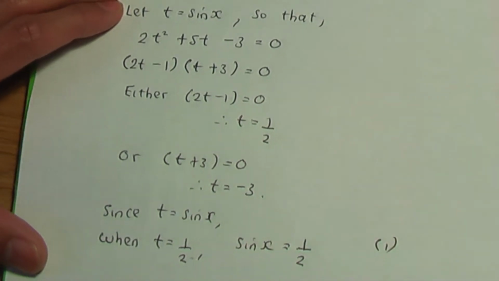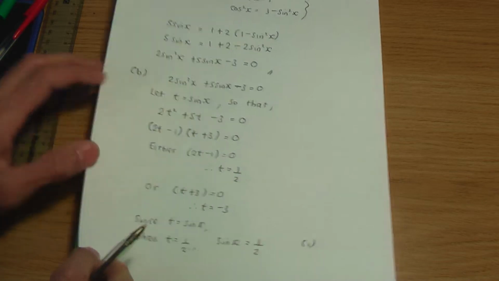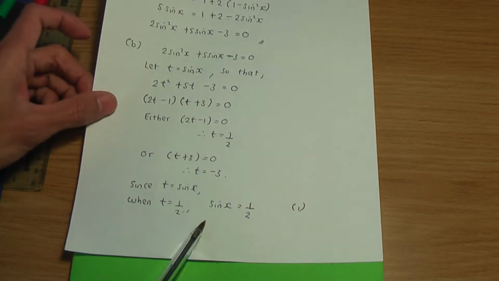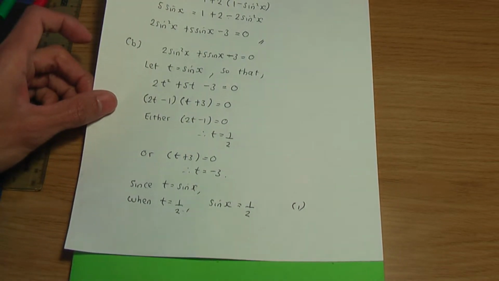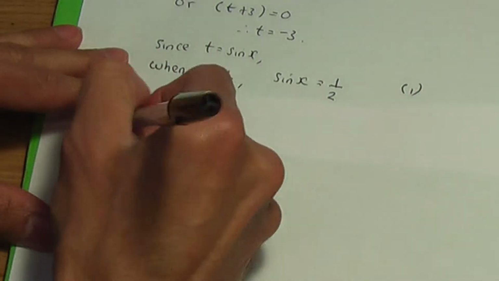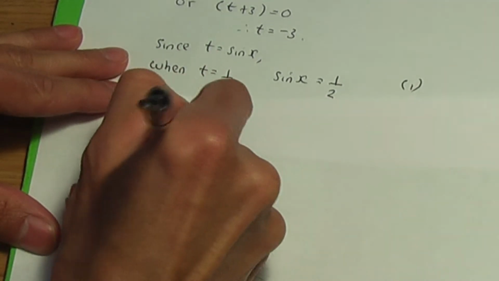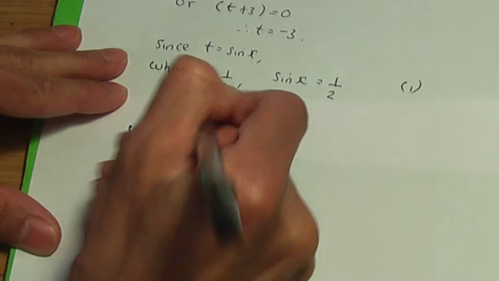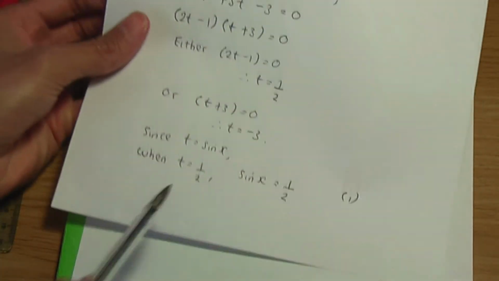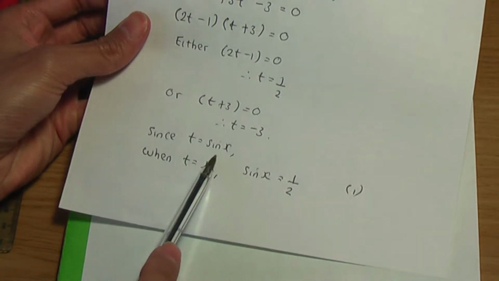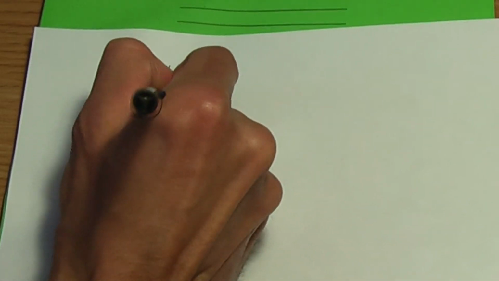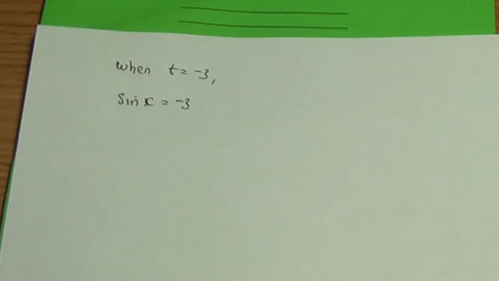Let's call that equation number 1. And let's do the same for when t is equal to minus 3. Replacing the t by minus 3, we end up with this equation: sine x is equal to minus 3.